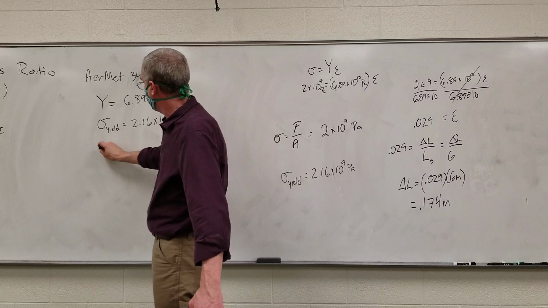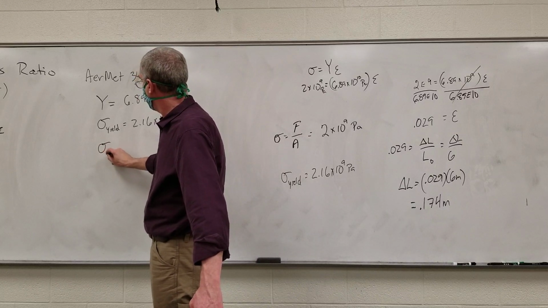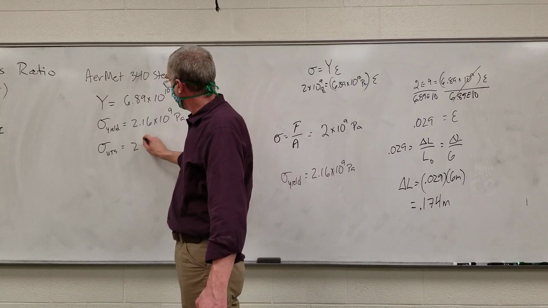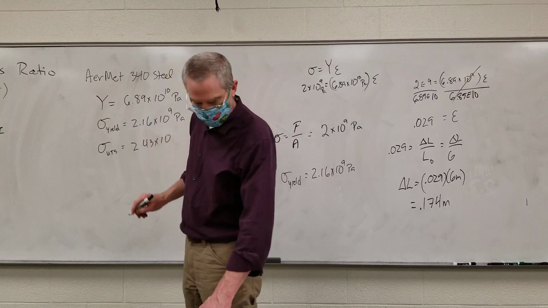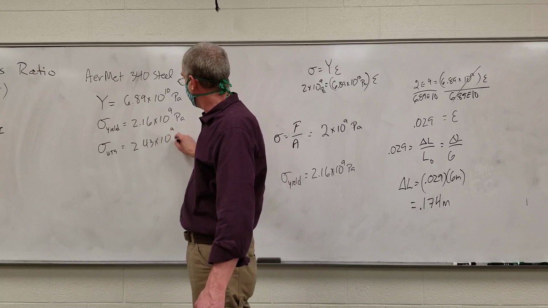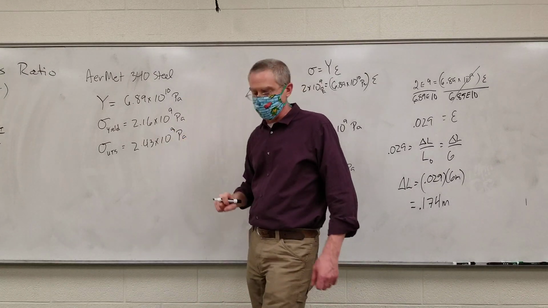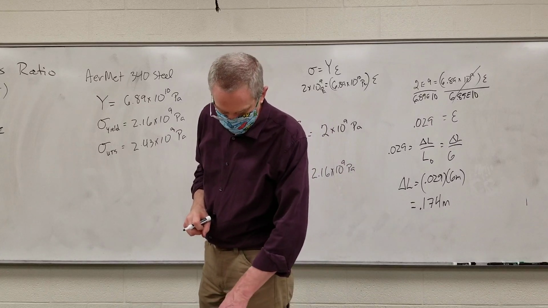Ultimate strength, 10.43 times 10 to the 9th pascals. So not too far off of this one. This steel is a little bit more brittle than a number of other ones.